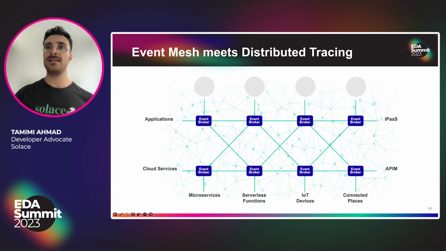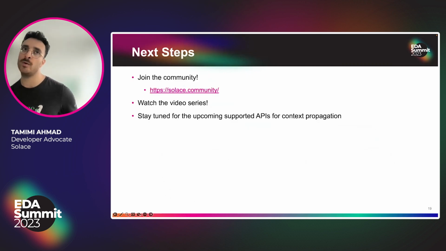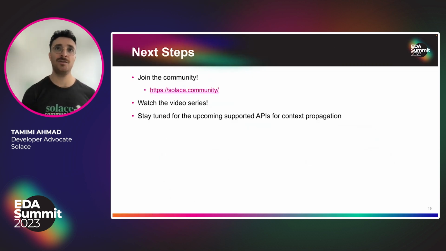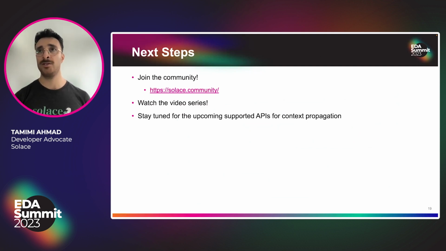And lastly, I want to leave you with the next steps you can take to get more information about distributed tracing. I know this talk just scratched the surface of what is possible with distributed tracing in event-driven architecture. We have continuous conversations and talks about these topics on the Solace community. So join the Solace community at solace.community and feel free to ask any questions you have, or answer questions if you know some of the answers.